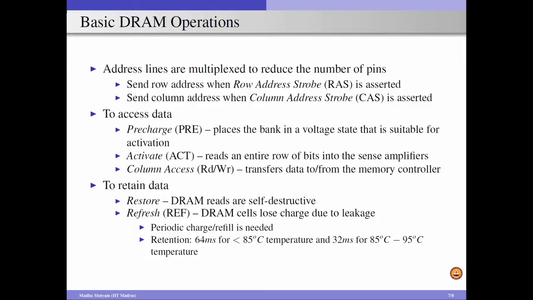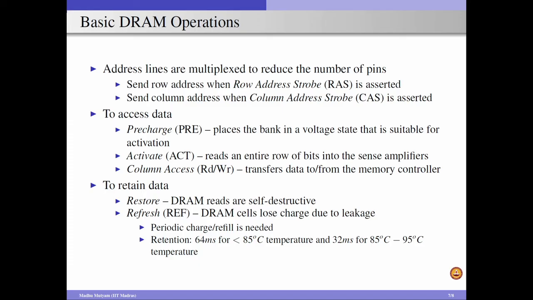So in other words, if the temperature is low, the retention time is higher; if the temperature is high, the retention time is low. If the temperature is below 85 degrees centigrade, the retention time is 64 milliseconds, and if the temperature is above 85 degrees centigrade, then the retention time is 32 milliseconds.